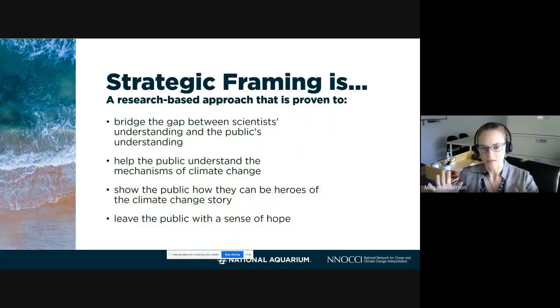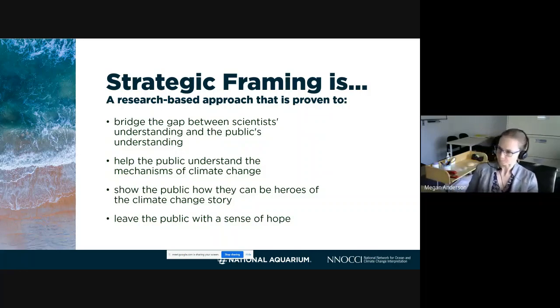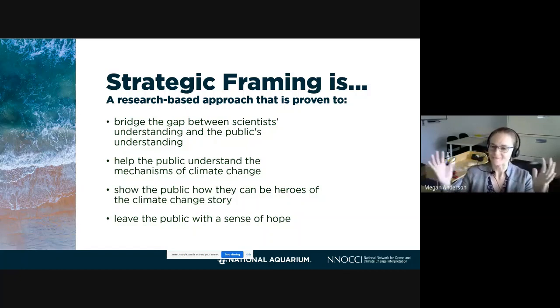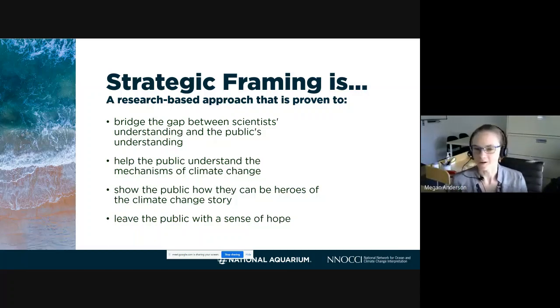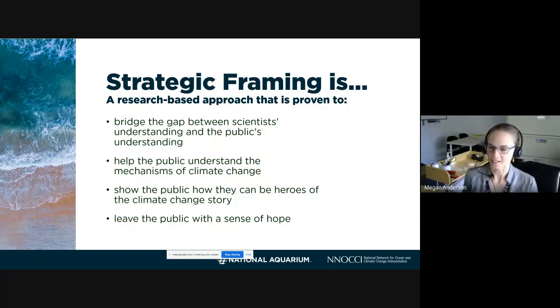So Gnocchi, that grant, developed all these tools and did a lot of trainings across the country. There are several different versions of this training, and this is the extreme short version. Overall, the tools were developed with the idea that we want to bridge the gap between scientists' understanding and public's understanding. So really connect to our audiences in a way that helps them understand the basic mechanism of climate change.